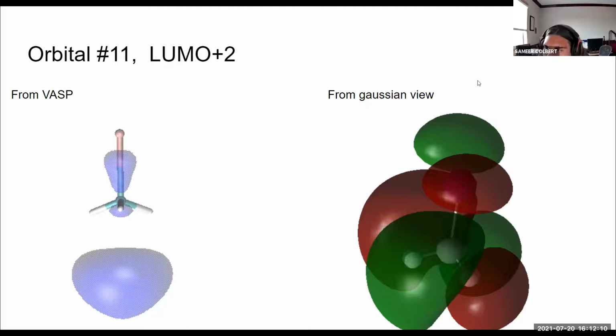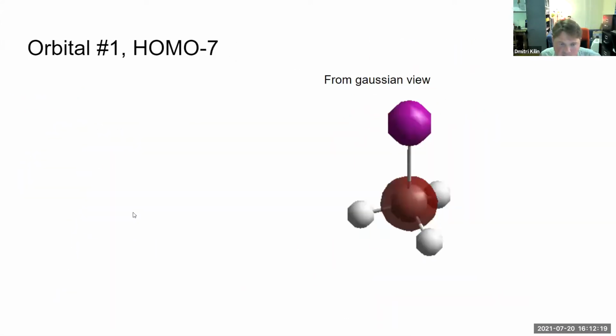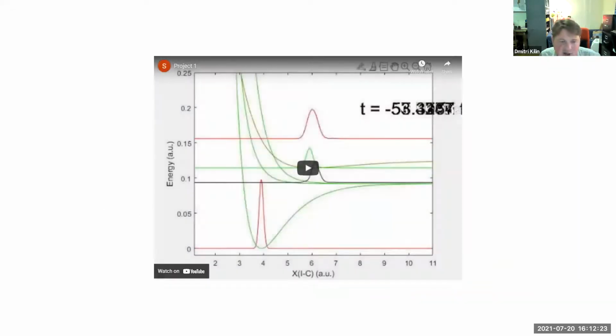So if we go back to your slide with wave packet dynamics, here. If you make a vertical line from distance at 4 at equilibrium, and you make a vertical line up, how would you interpret the points of intersection?